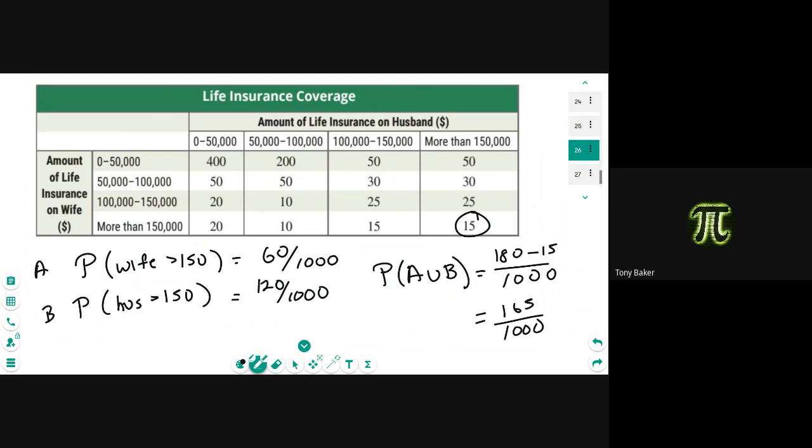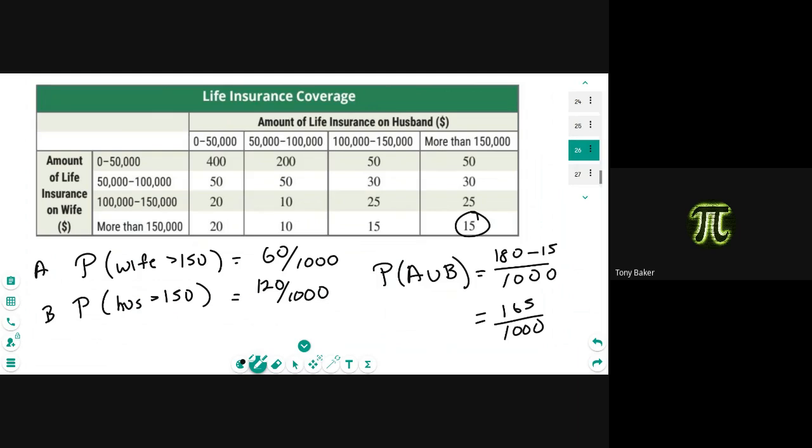What's the other way we could do it? What's the complement of it? We could just add up the first row and subtract it. So what's the first row? 700. That was a lot easier than adding up all the other numbers, right? So the complement would be 1,000 minus 700. So the answer would be 300 over 1,000.